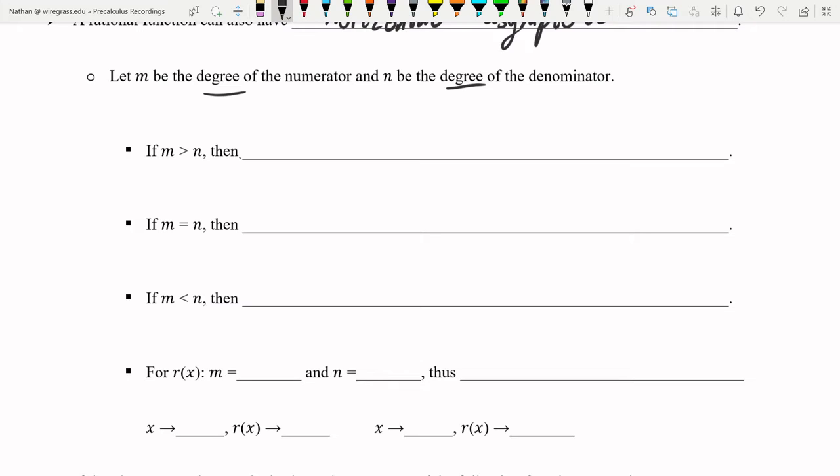So if m is the degree of the numerator, and n is the degree of the denominator: if m is greater than n, then we do not have a horizontal asymptote.